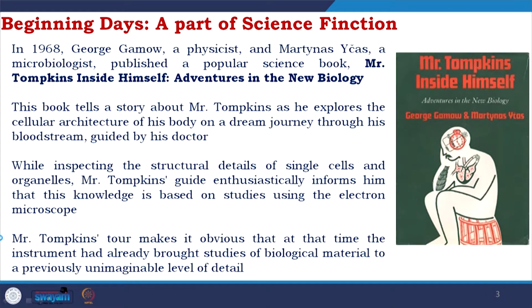Mr. Tompkins' tour in the body makes it obvious that at that time the instrument had already brought studies of biological material to a previously unimaginable level of detail. So, already people had started understanding the importance of electron microscopy.